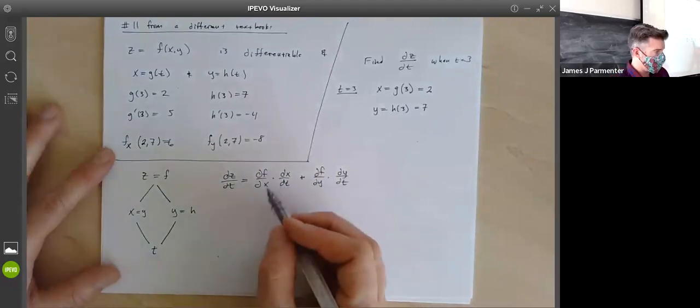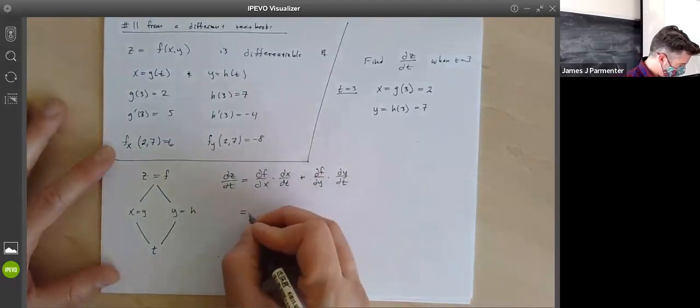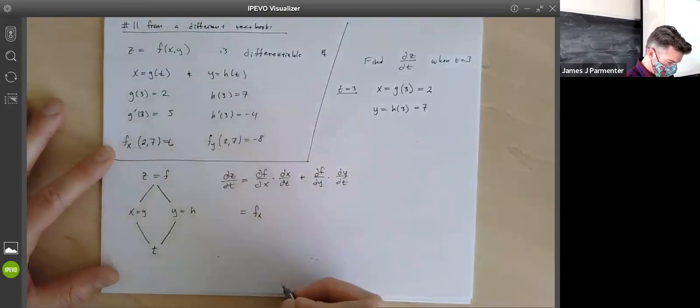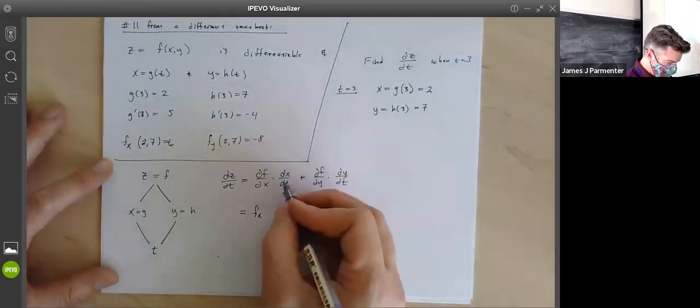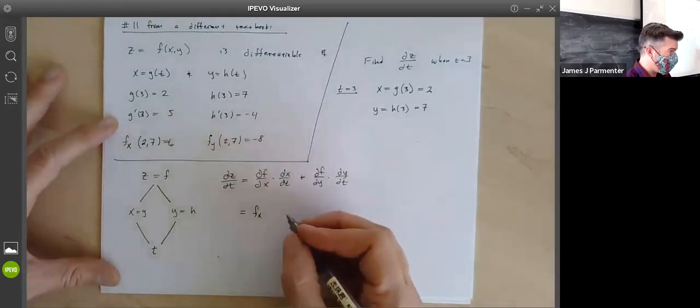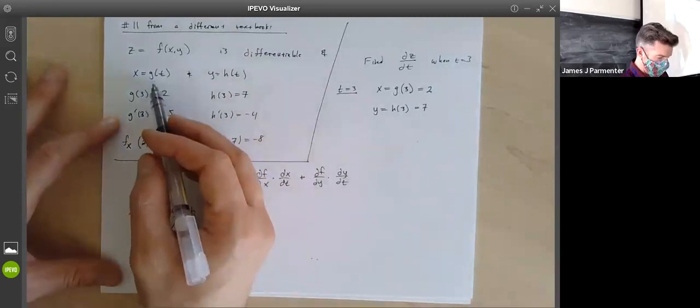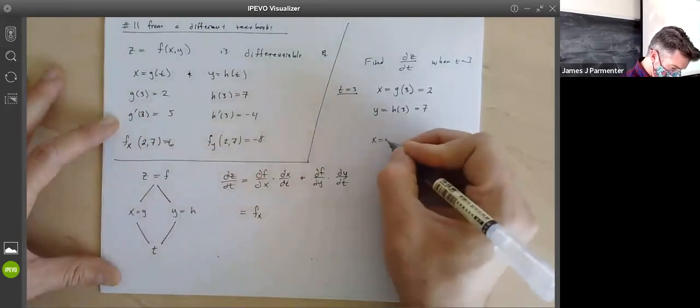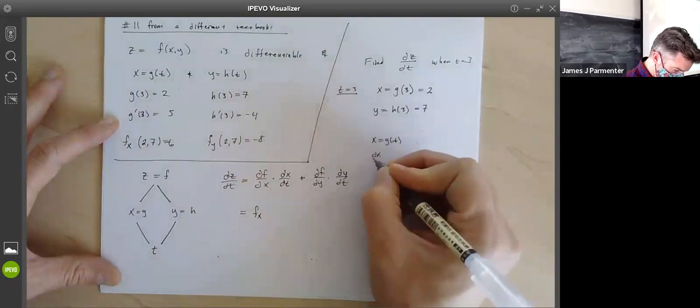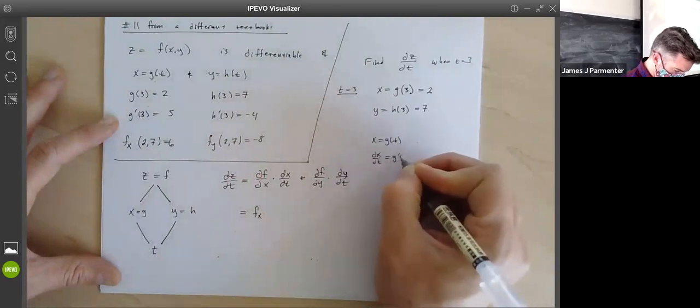Another way of writing del f del x is fx. And if x is g, dx dt could be written as g prime of t.